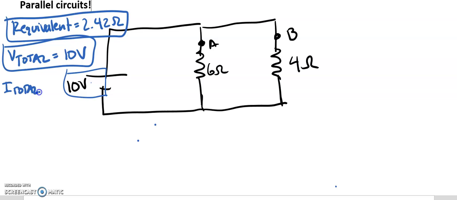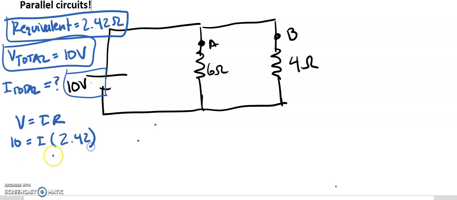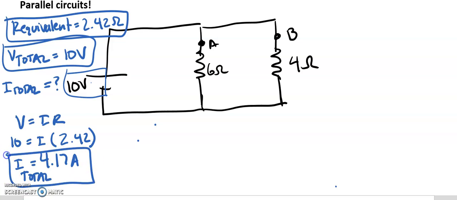That's nice to find. So I'm going to use V equals IR for that. So V I know is 10. Resistance is 2.42. Great. I go ahead and do some good old math. I'm getting the current to be 4.17 amps. And again, this is the total current.